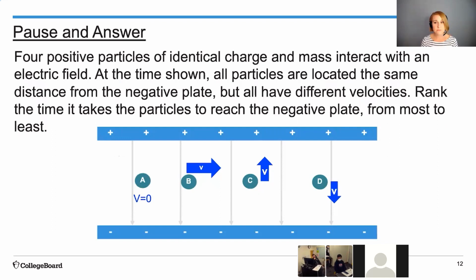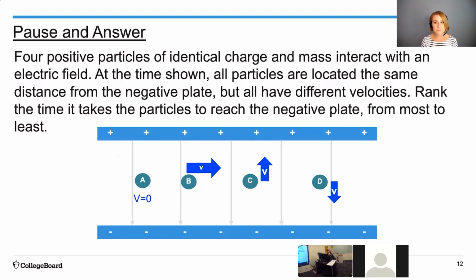Sean, anything else that you would add, or just a fact that would help you determine your final answer? They have different positions. They do have different positions. They're all the same vertical distance from the plates, but they do have different horizontal positions.